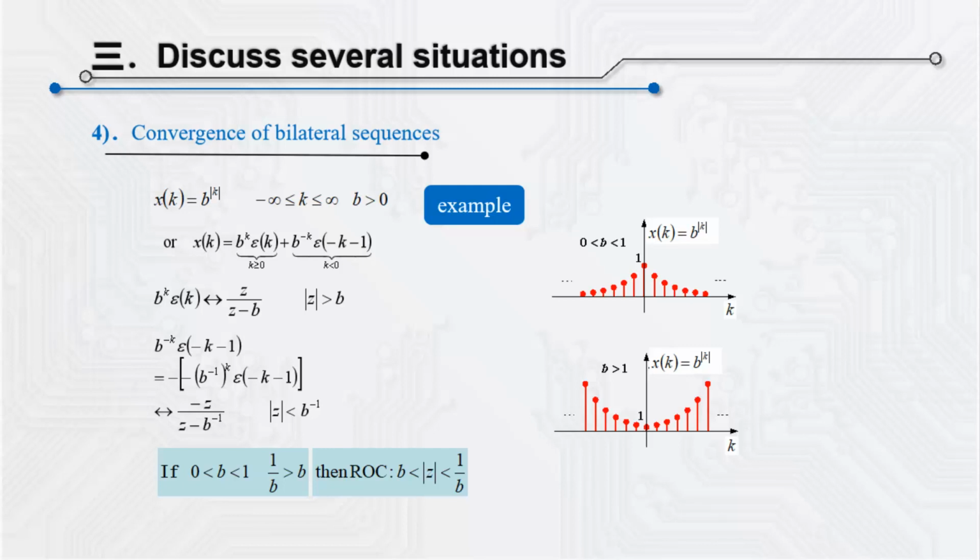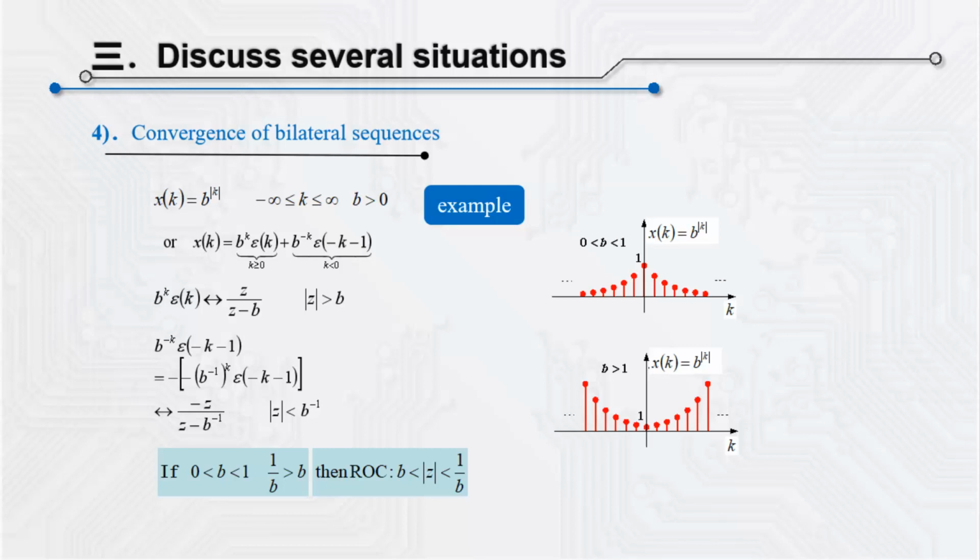Since it is composed of a causal sequence and an anti-causal sequence, its convergence domain is the common area of the two sequence convergence domains. At this time, we consider the common area of b and 1 divided by b. Then we can find that when b is between 0 and 1, there is a common area, that is, the modulus of z is greater than b and less than 1 divided by b.